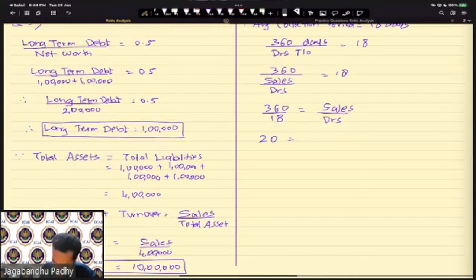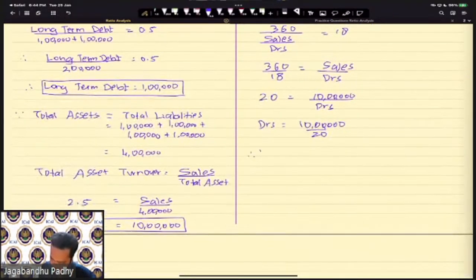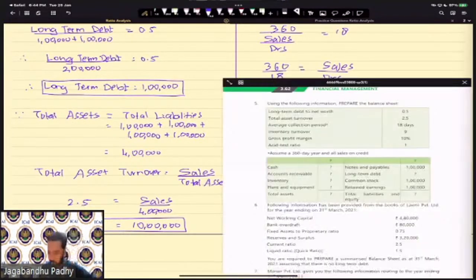So the sales figure of 10 lakh divided by debtors is 20. So our debtors should be 10 lakh divided by 20. Therefore, the debtors should be 50,000. So from this we get accounts receivable or debtors to be 50,000.